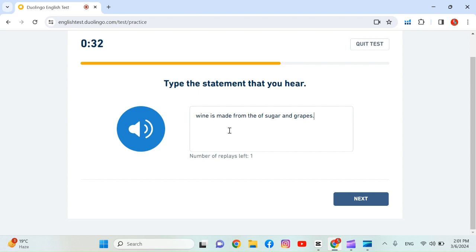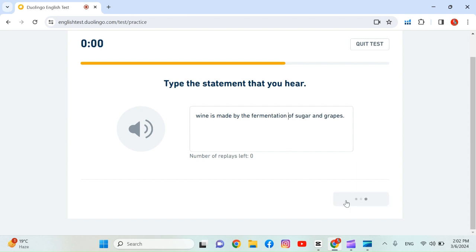Let's go one more time. Wine is made by the fermentation of the sugar in grapes. Oh, fermentation. Wine is made by the fermentation of sugar in grapes. Next.